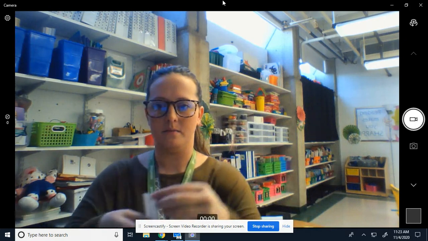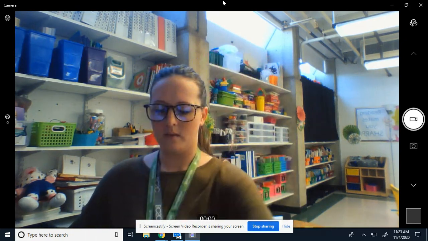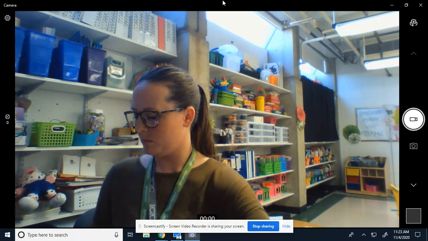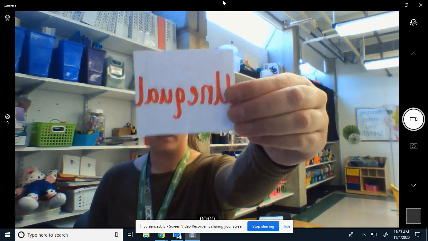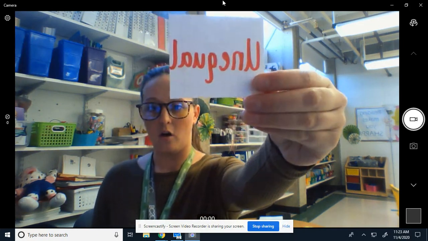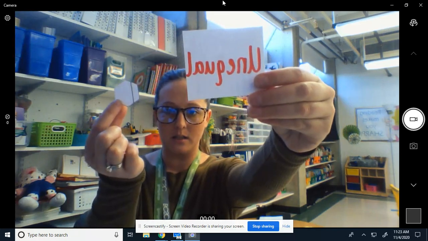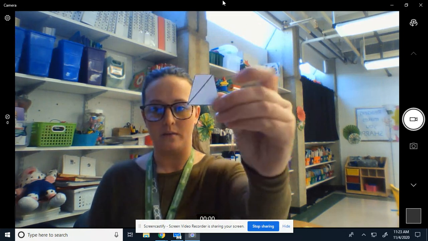Like this. Equal. Unequal is when all the parts are not the same size. When they're not cut the same, like this one. Or this one.